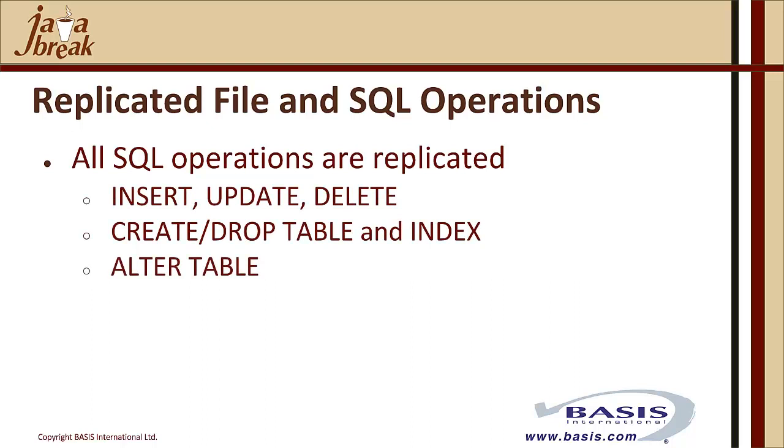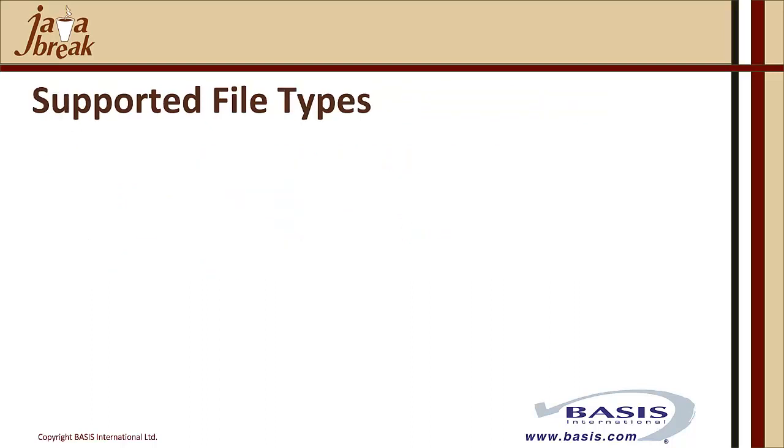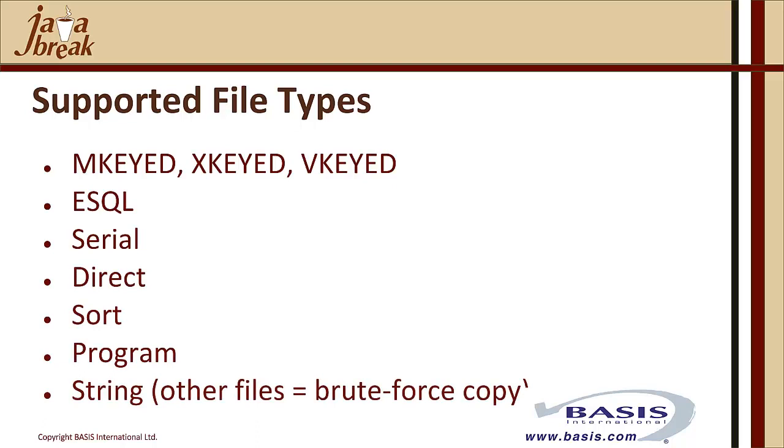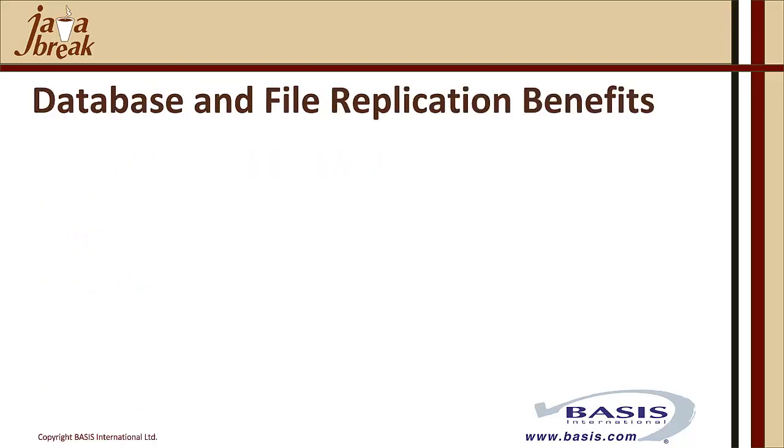And the supported file types for the discrete record by record replication, replicating only the changes across to the replicated database, are M-keyed, X-keyed and V-keyed files, ESQL files, serial files, direct, sort and program files. String and other files are replicated via a brute force copy.